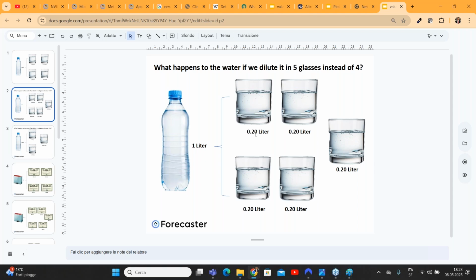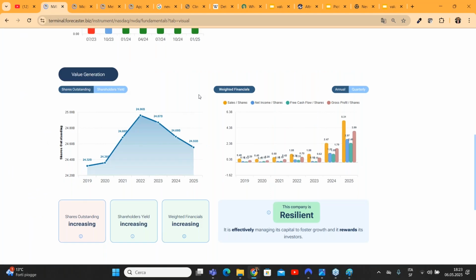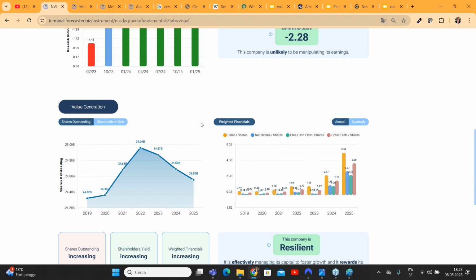And this is something really interesting because sometimes it happens that the company is doing great in results and financials, but on the stock market, the company doesn't grow.